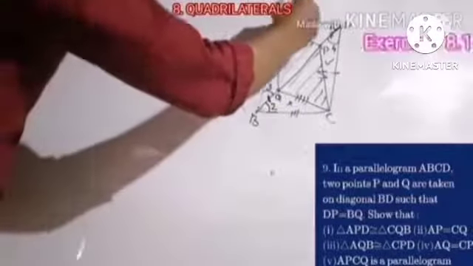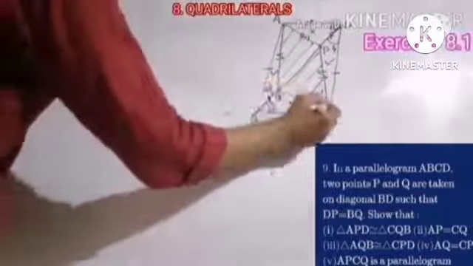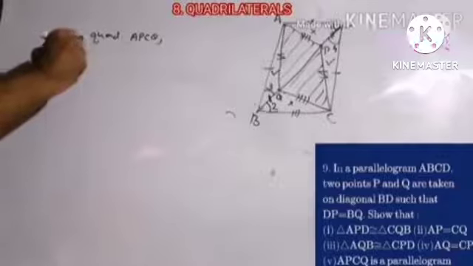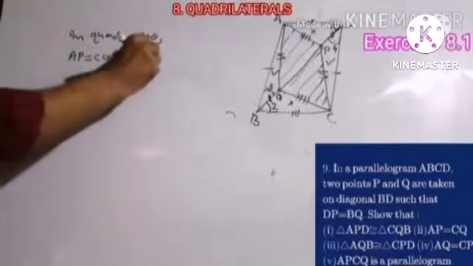Here we know that AP equal to CQ. We already proved that. So in quadrilateral APCQ, AP equal to CQ, and these are also equal: AQ equal to CP. That is also proved.